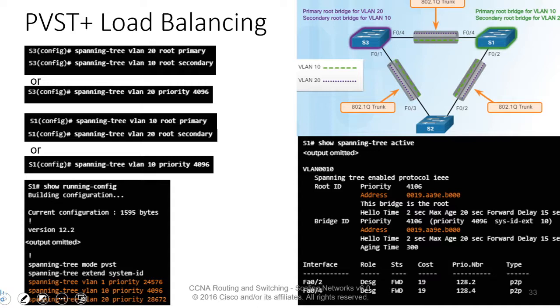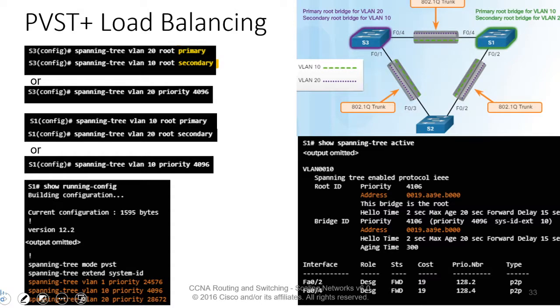Another thing that we can configure, when we are considering PVST plus, is load balancing. The main thing that we do here is configuring both a primary and a secondary.